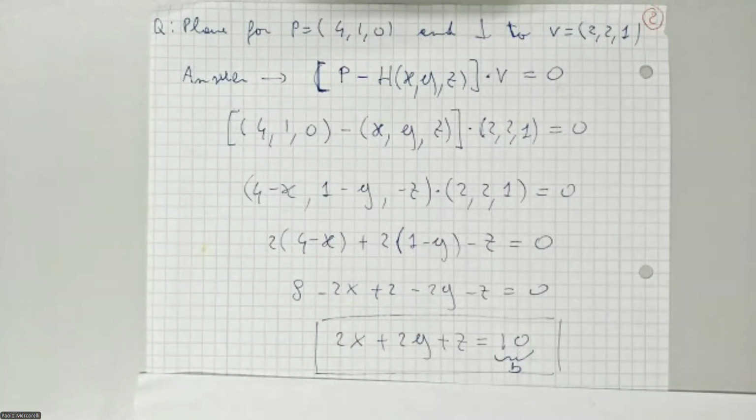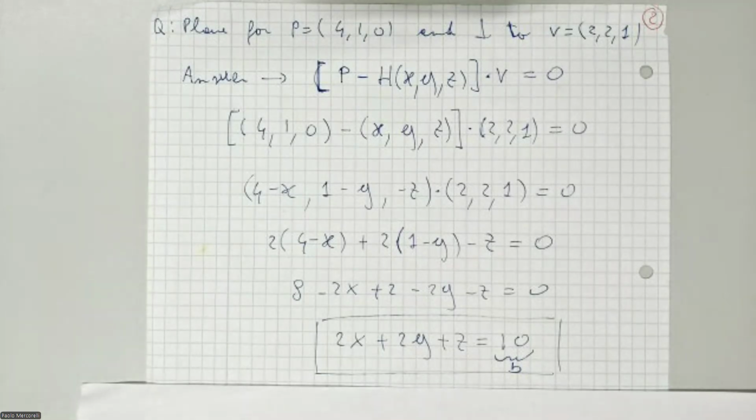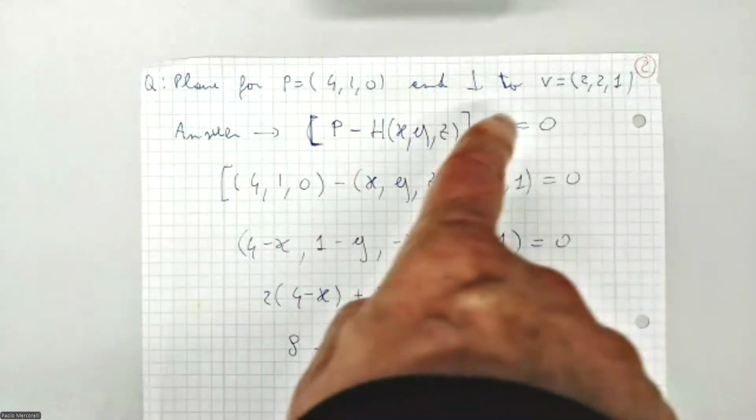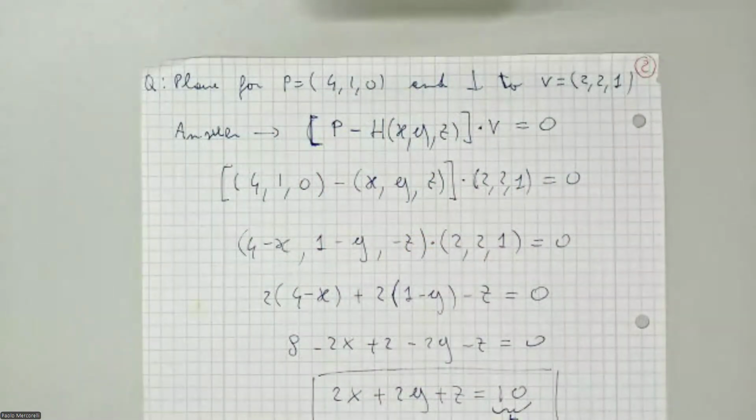I did also these calculations using a different, let me say, definition of the plane. But this one I like a lot because in this condition here, this mathematical equality, we have both conditions: the belongingness of P and the orthogonality of the plane which I'm looking for, the orthogonality with respect to the V sets.